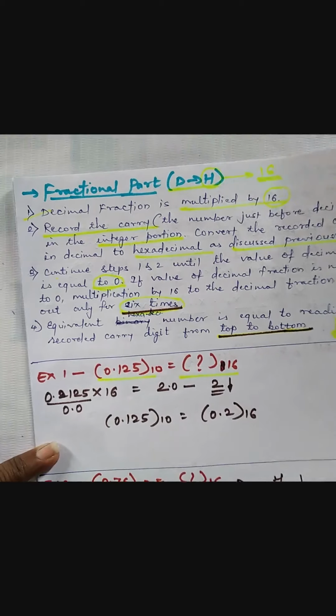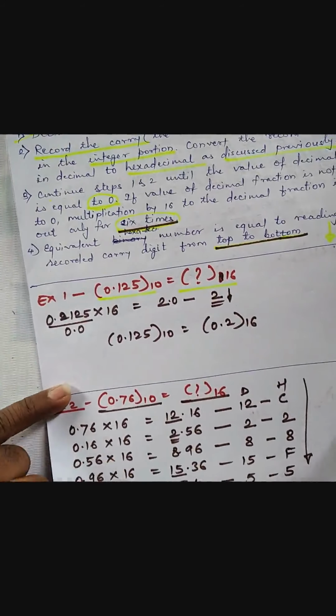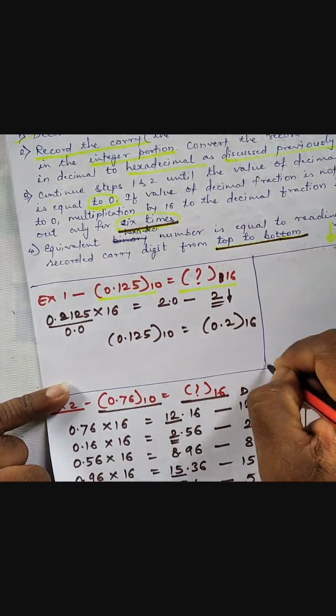Okay, so let us see this conversion here. I have actually already solved the examples, so I will just go through those examples. Okay, or even I can try to solve here.